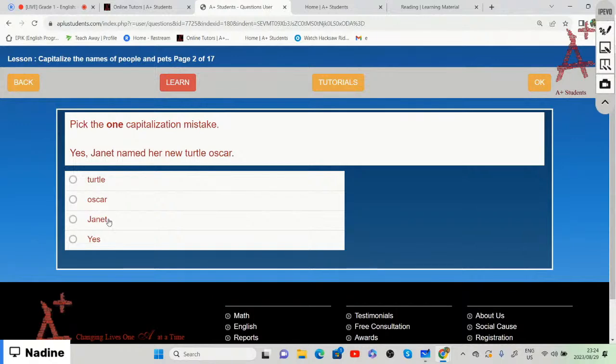Is it Janet? Or is it yes? We need to select one capitalization mistake. And if we select the one capitalization mistake, then we are going to select Oscar because it says Janet named her new turtle Oscar, meaning that Oscar is the name of her pet turtle.